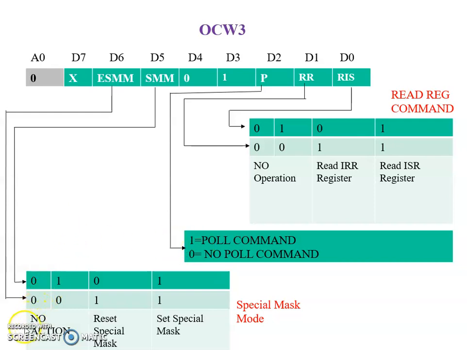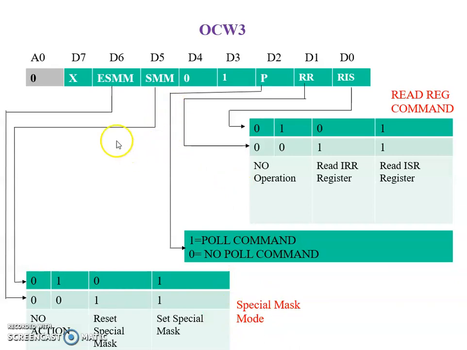Now next are the ESMM and SMM bits. So first we will discuss special mask mode. What is special mask mode? Usually 8259 disables interrupt requests of equal or lower priority than the one currently in service. But in special mask mode, 8259 permits interrupts on all inputs except the inputs currently in service.